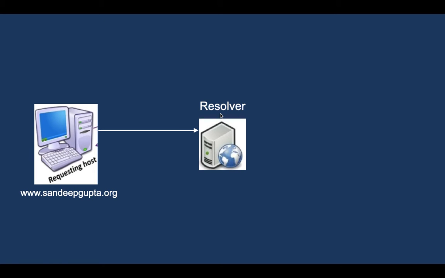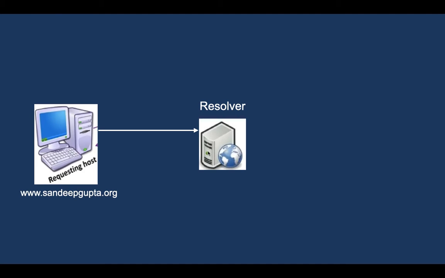Okay. Now you know the meaning of cache. Cache basically means temporary data, and inside the DNS cache there will be details of the IP addresses of websites.